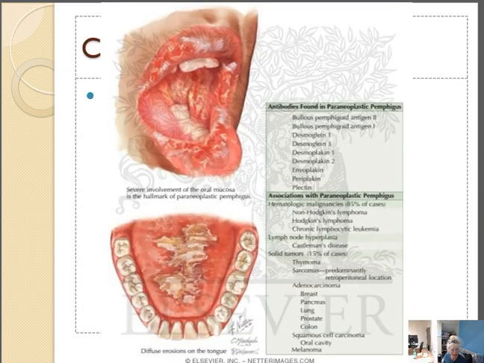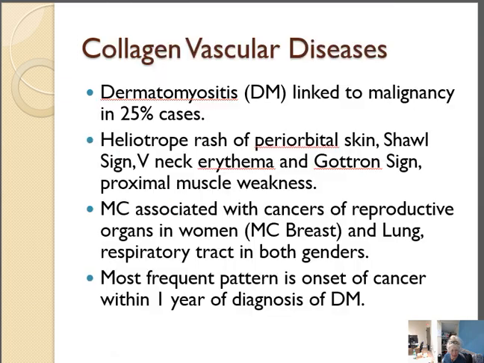And just some of the diseases in the oropharynx. Pemphigus vulgaris is from mouth to feet. It encompasses everything, as opposed to bullous pemphigoid, which is a little bit different, it doesn't include ulcers in the mouth.